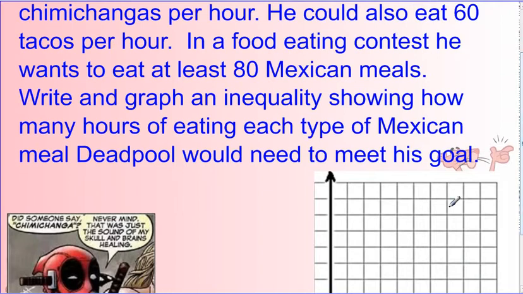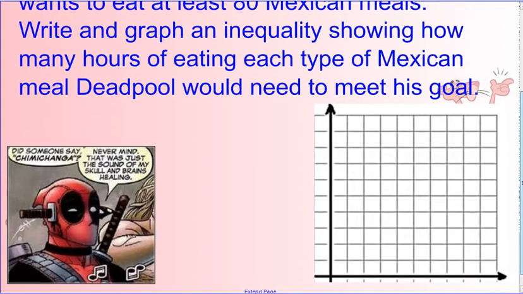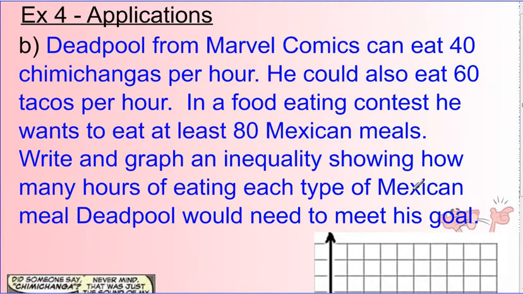Then I have a little graphic down there for those who don't know who Deadpool is. He likes Mexican food. So, if you could, write and graph an inequality that represents that situation. When you're ready to hit continue, hit play, and we'll go through it together.